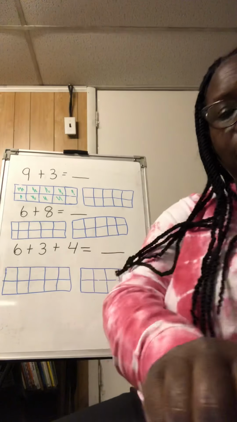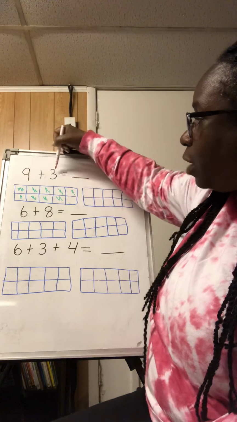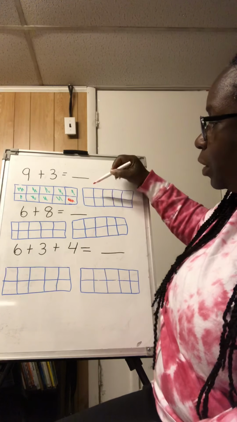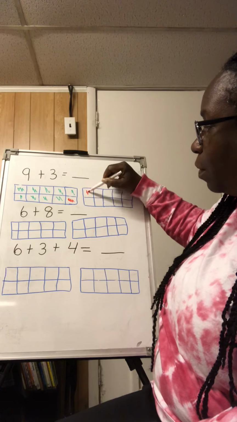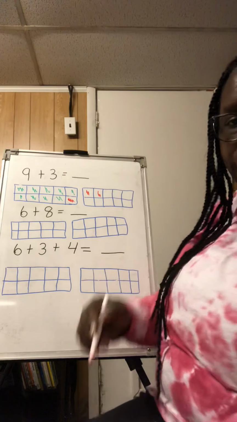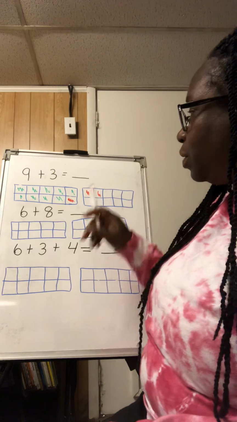So we're going to change our marker and we're going to do our 3, but we want to make a total of 10 first. So we're going to put one of our 3 over here, which leaves us with what? 1, 2. So that's our 3. 1, 2, 3. Okay, so we made a 10 frame with 2 left over.